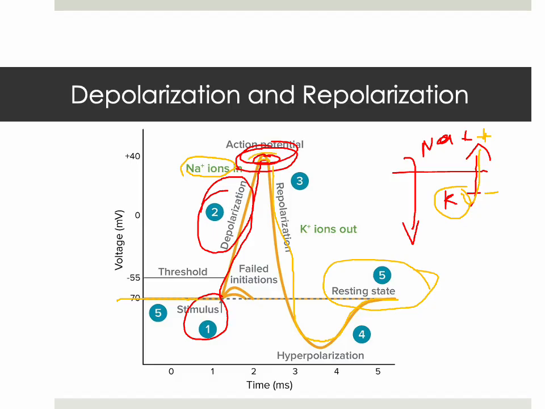The stimulus and the depolarization happen, but we cannot stay that way forever, so we need to repolarize, meaning that the balance is going to happen again. And in order to do that, potassium ions are going to go out to the point that the charge goes back to a resting state and is negative. Okay? And this is called repolarization.